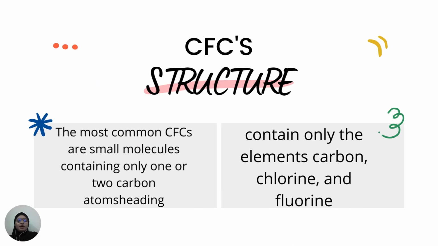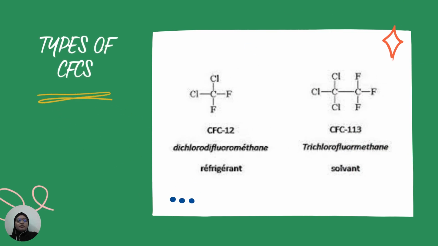CFC contains only the elements carbon, chlorine, and fluorine. CFC12 has one carbon atom, two chlorine atoms, and two fluorine atoms, while CFC113 contains two carbon atoms, three chlorine atoms, and three fluorine atoms.